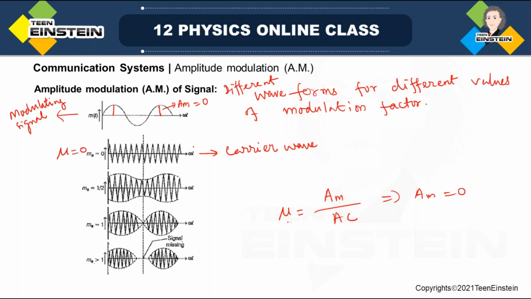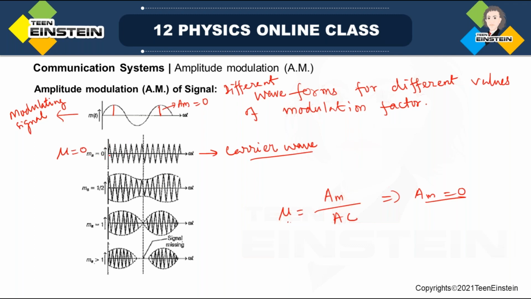I hope you are understanding. So when the modulation factor is 0, the message signal has 0 amplitude, and hence the carrier wave will not be modified at all. Its amplitude will be the same as the original carrier wave. So this is the first waveform with mu equal to 0.